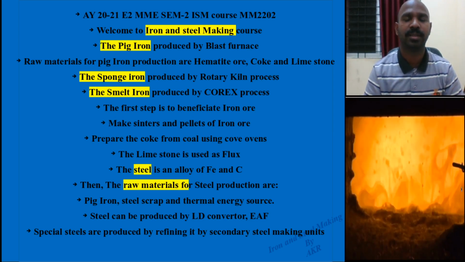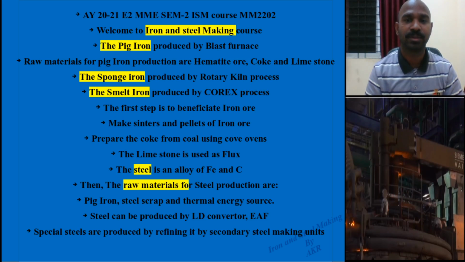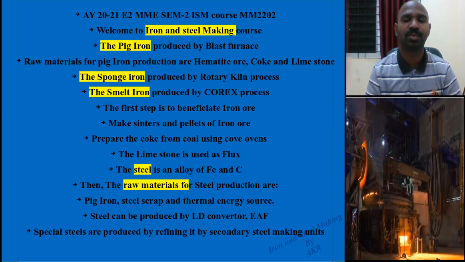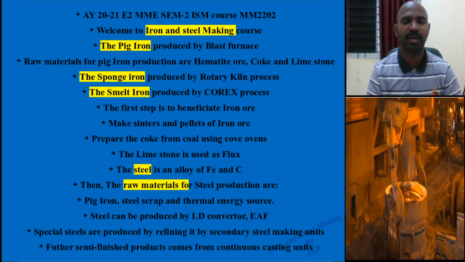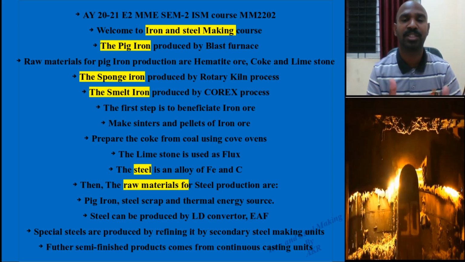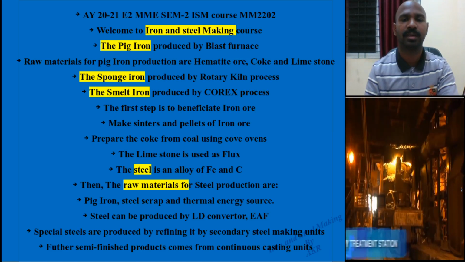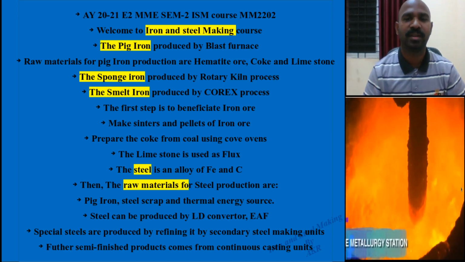Part of the refining is done in the LD converter, and further refining is adopted in secondary steel making for producing special application steels. Finally, these steels are produced in the form of semi-finished goods such as slab, billet and bloom from continuous casting units.